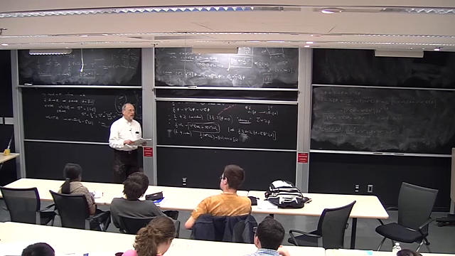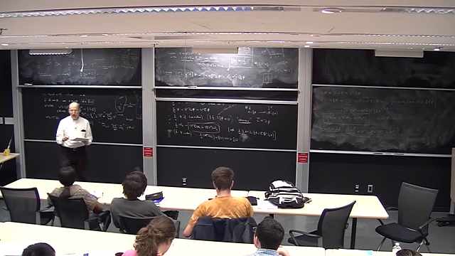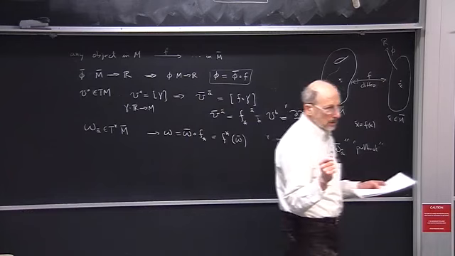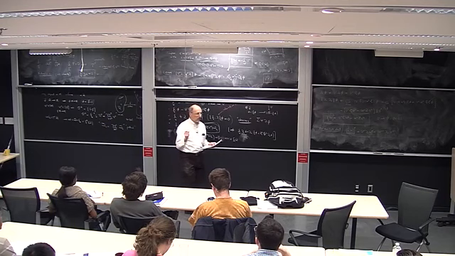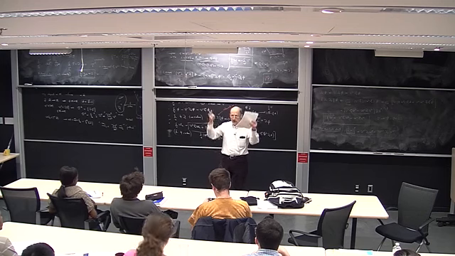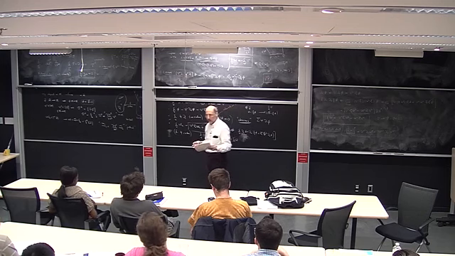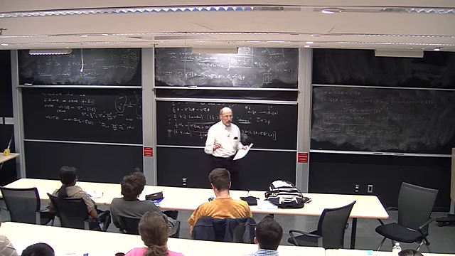Then we'll start applying that to the case of the Schwarzschild metric, where you actually have, in some sense, three symmetries. Imagine a star sitting here. It's independent of time, so there's a time translation invariance. There's a rotational symmetry, which is actually 3-parameter, but only one of them is needed for the orbits.